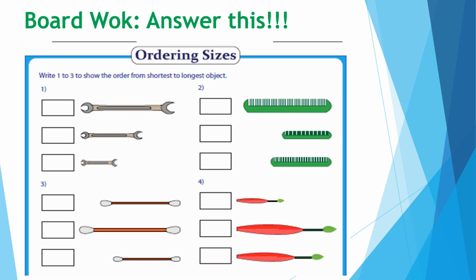So this is 1, 2, and 3. So I would like you to do the rest. Okay? I think number 2 is a little bit tricky, but it's good. So I want you to do your activity.